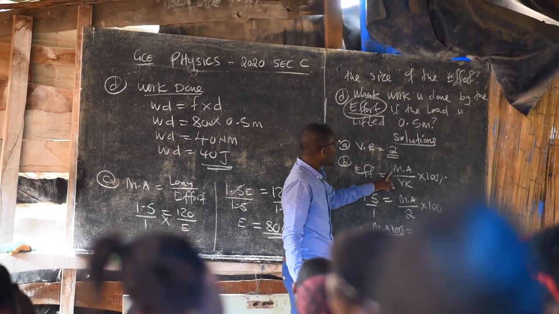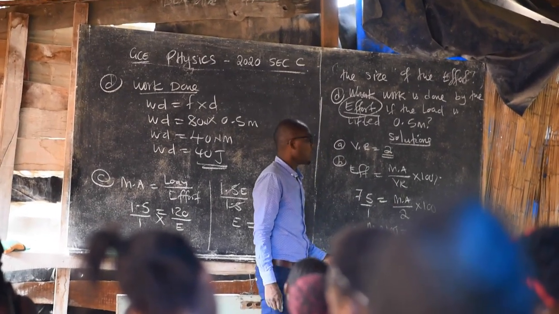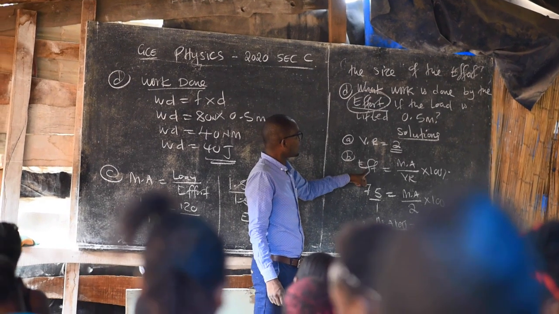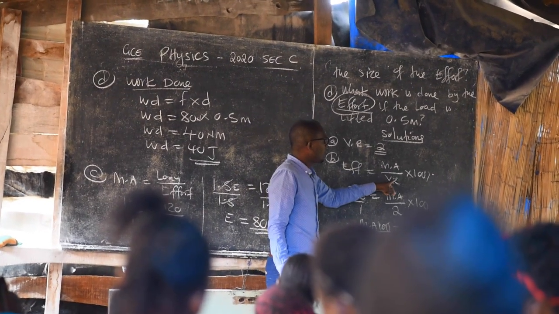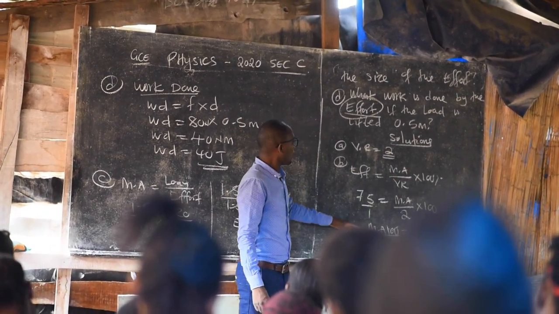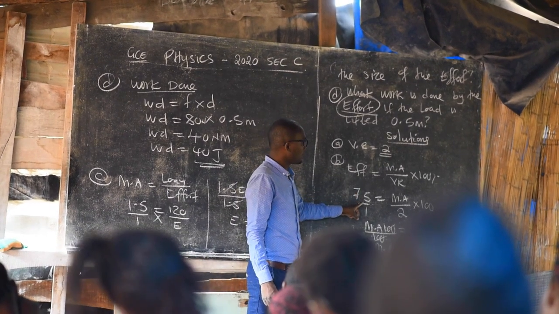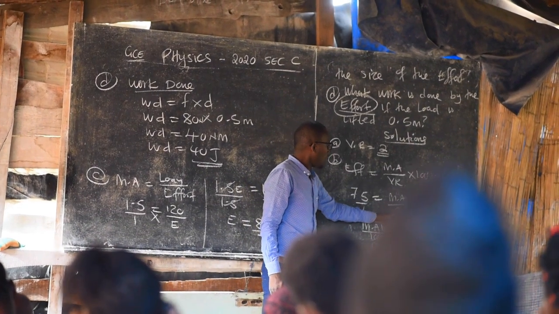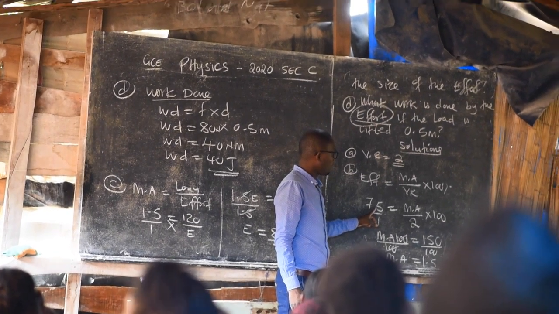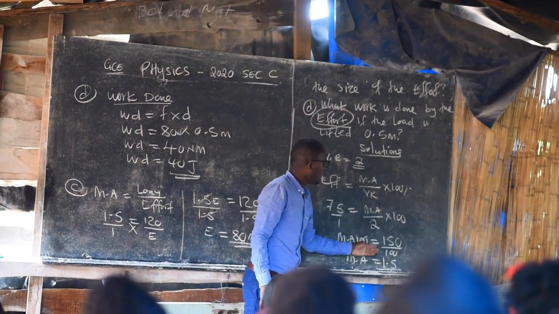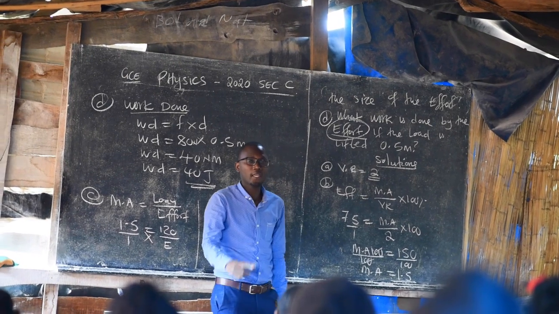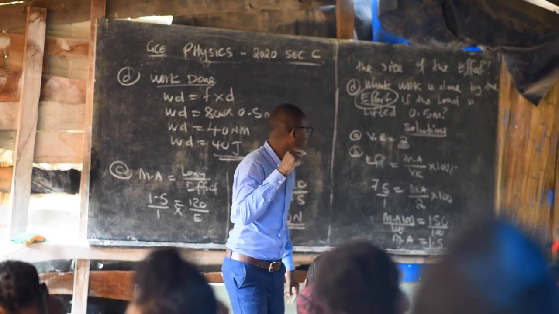To find the mechanical advantage, we used the formula: efficiency equals mechanical advantage over velocity ratio times 100%, where the efficiency is 75 and the velocity ratio is 2. You cross multiply and this gives you 150. 150 divided by 100 gives 1.5. That 1.5 is our mechanical advantage.